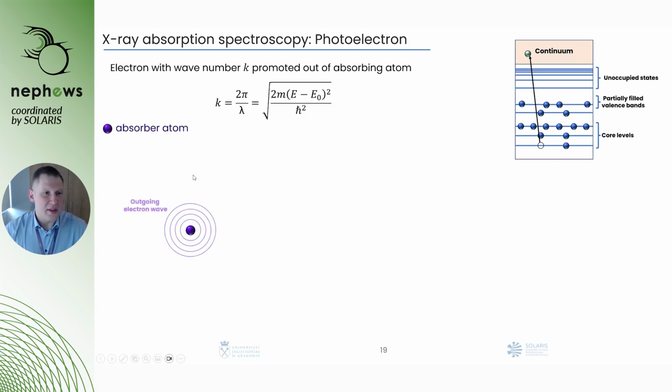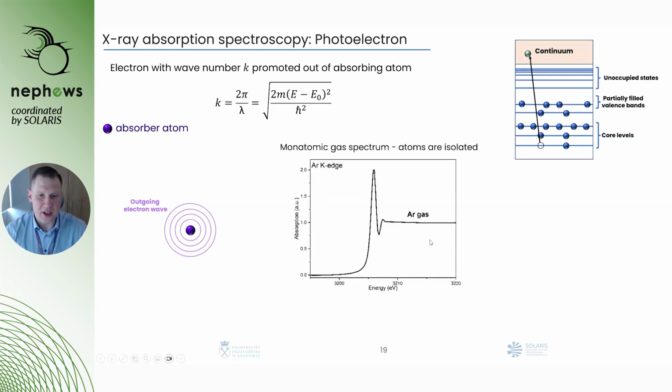And this wave will go out from our absorber atom, and if this absorber atom is isolated from, let's say, other atoms, this outgoing electron wave will just go out from the absorber atom. And nothing will happen, and if we measure such an absorption spectrum, we see that we have features corresponding only to the transition from the core level to unoccupied states.